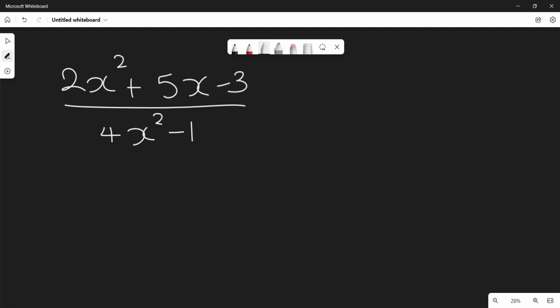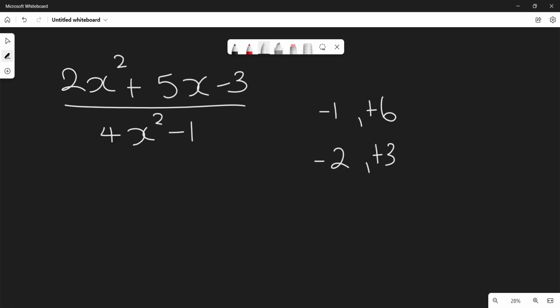So that is 2 by negative 3, so we're looking for factors of negative 6. So we have 1 multiplied by 6 is 6, 2 multiplied by 3 is 6.